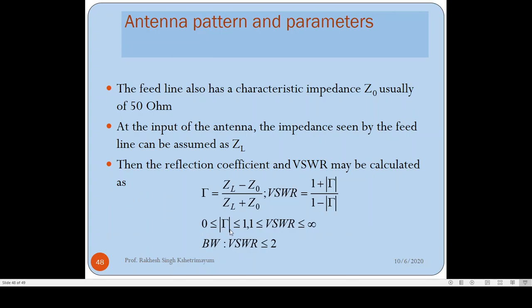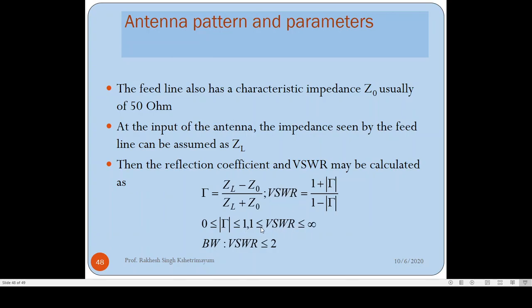So the value of gamma is between 0 and 1. Similarly, the voltage standing wave ratio is the ratio of the maximum standing wave to the minimum standing wave, V max divided by V min. So VSWR will have a value of 1 to infinity, because when gamma is equal to 0, the VSWR is 1.